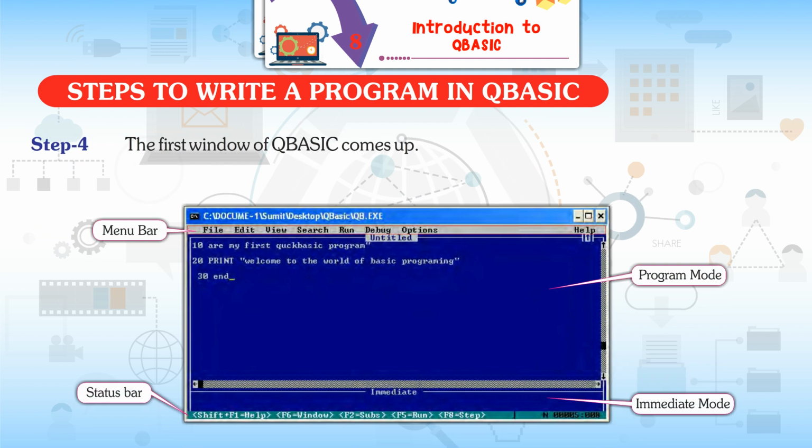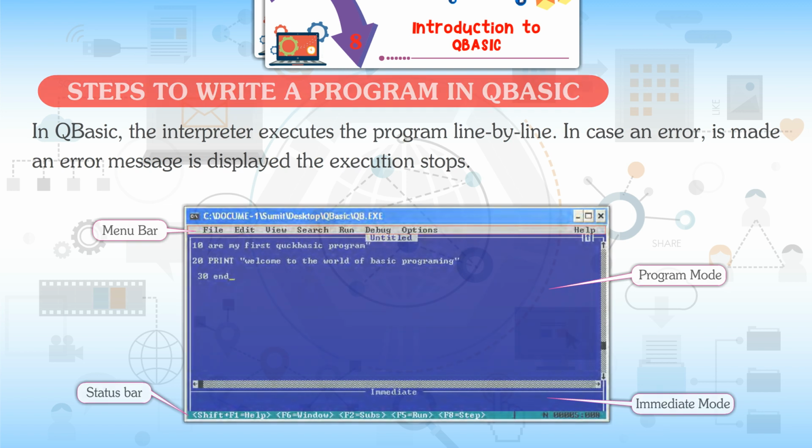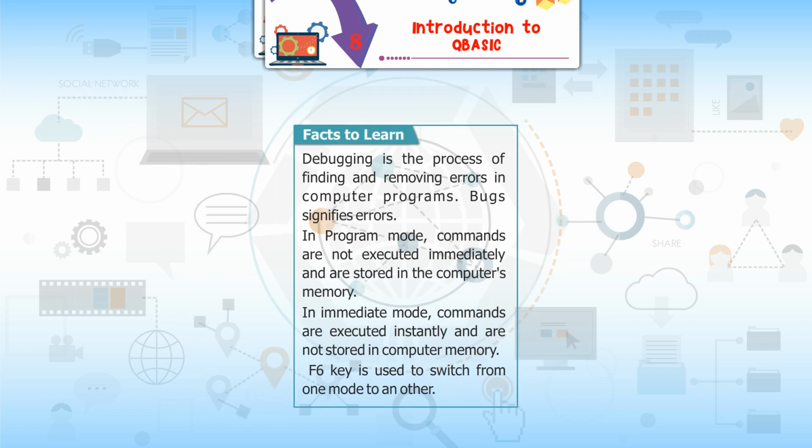Step 4: The first window of QBASIC comes up. Step 5: Type the program as shown in the picture below. In QBASIC, the interpreter executes the program line by line. In case an error is made, an error message is displayed and the execution stops.